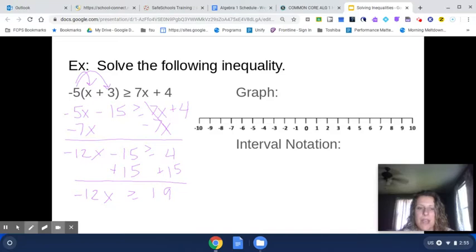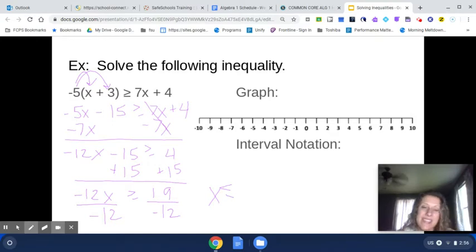Last step, I need to get rid of that -12 that's being multiplied by x. So I'm going to divide both sides by -12. Okay, I divided by a negative value, so I need to make sure I'm reversing that sign. So it's not greater than or equal to anymore, it's less than or equal to.